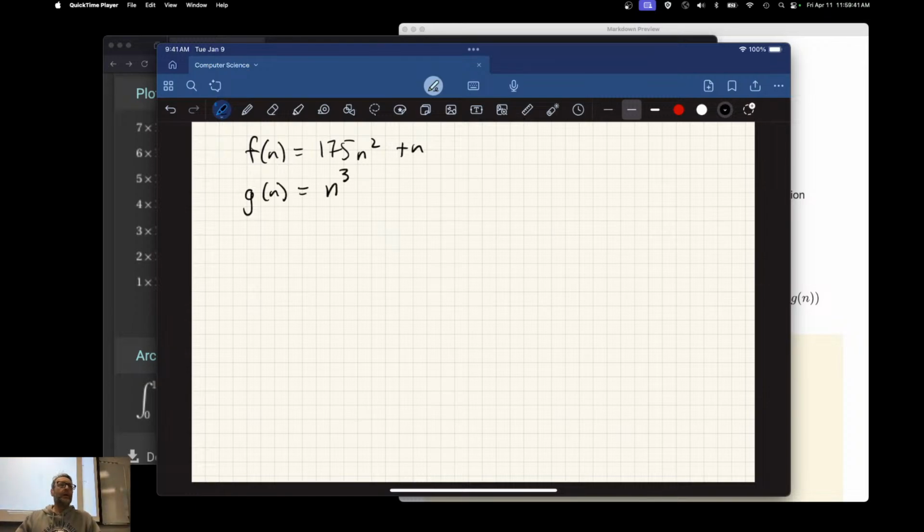Asymptotically, what is your intuition? Which one of these is bigger? g of n. So we want to prove that f of n is big O of g of n.